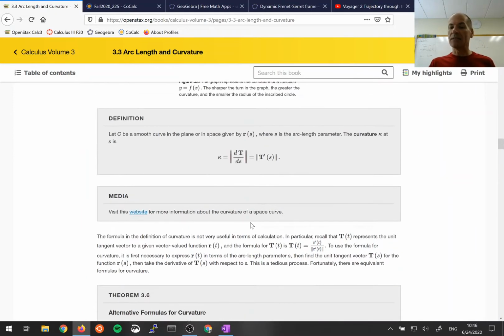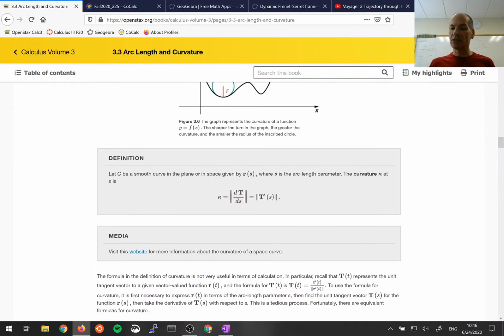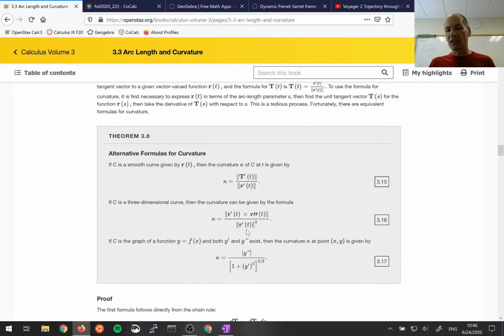But it's actually going to be better than reparameterizing the curve in terms of s. Sometimes that is just impossible, whereas this is generally always possible to do. So I would encourage you to really focus your attention on this curvature formula. The other two, really not so much.